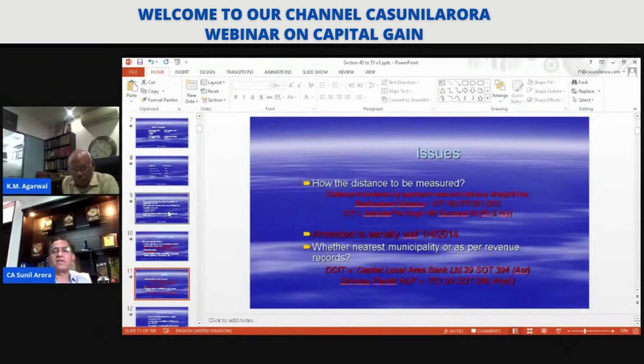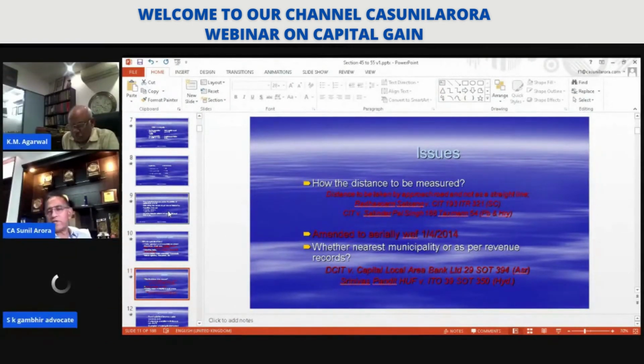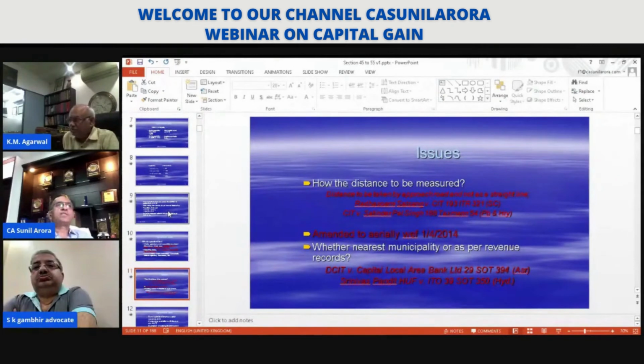Another very interesting question that came up was about a land that belonged to Taran district. For Taran district, the radius distance notified at that point of time was 2 kilometers, whereas Amritsar had a radial distance of 8 kilometers.